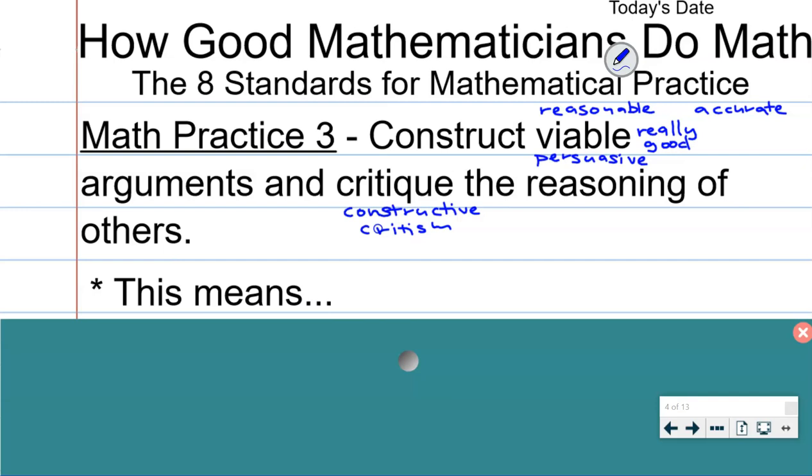So as I'm writing all of these down, I think you guys should be writing them down as well to help you understand this next part. Write down what viable means. Write down what critique means. Any other thoughts for critique? Sometimes critiquing is just thinking about it.